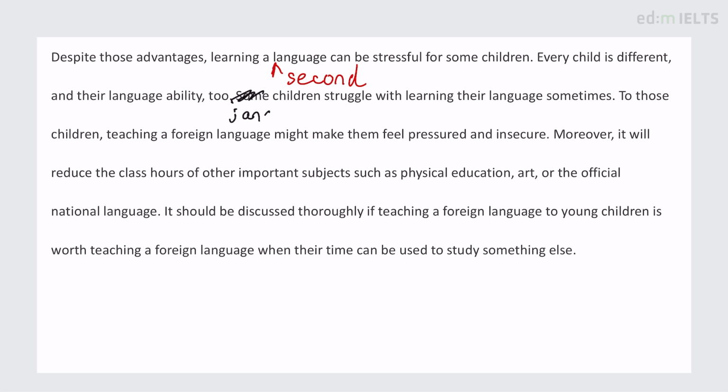So semicolon is the one that's like winking when it's for a kind of new point but related to the previous one. And for this one, we're talking about language ability, and we're just going to build on it. And some children even struggle with learning their native language sometimes.